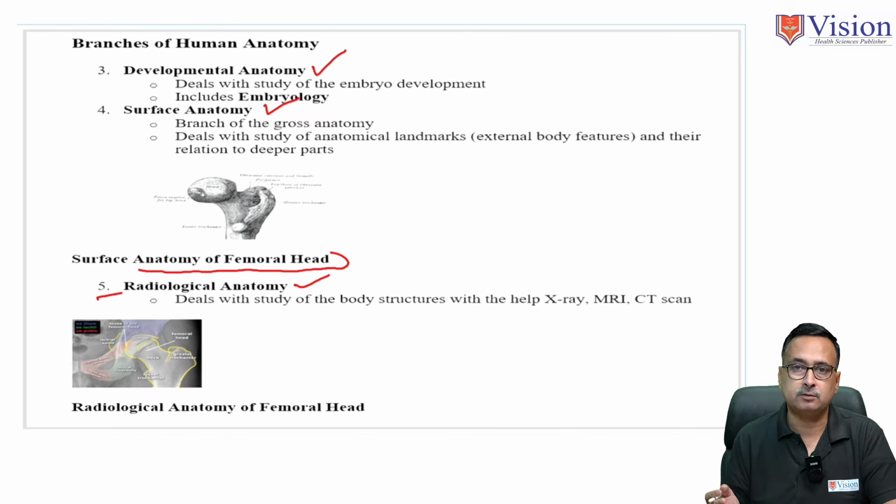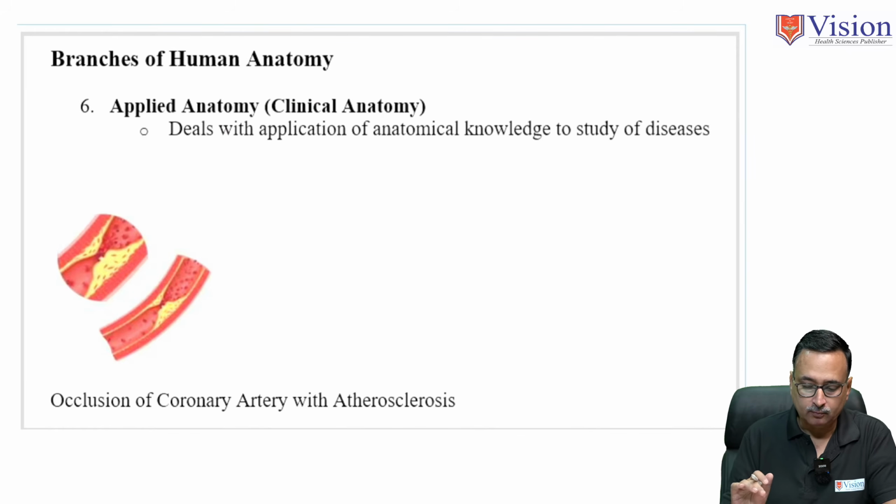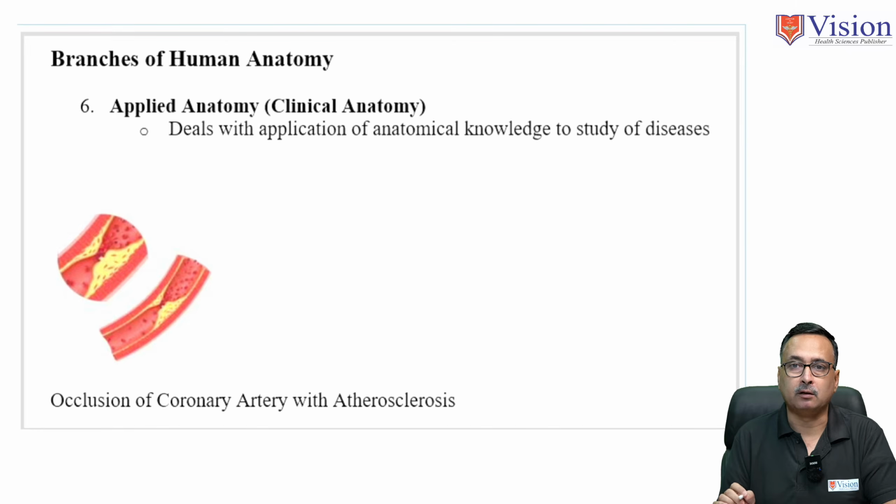We can detect, for example, a fracture in a bone or a stress fracture in a bone. We can make use of CT scan or MRI and we can locate the area of a fracture.